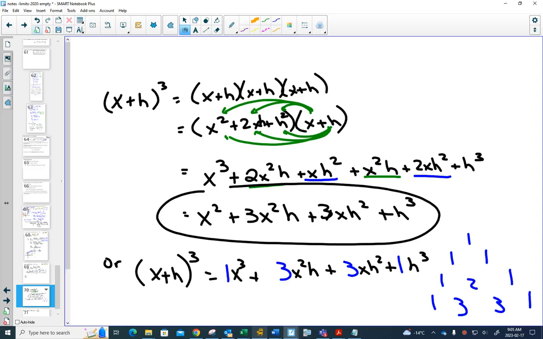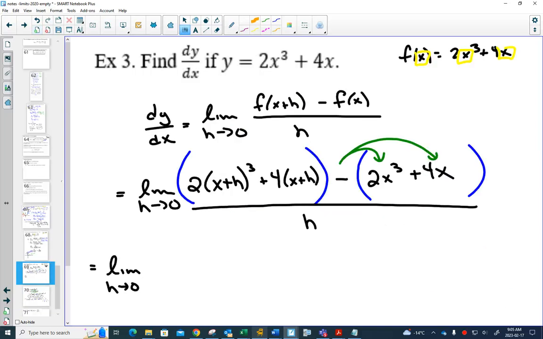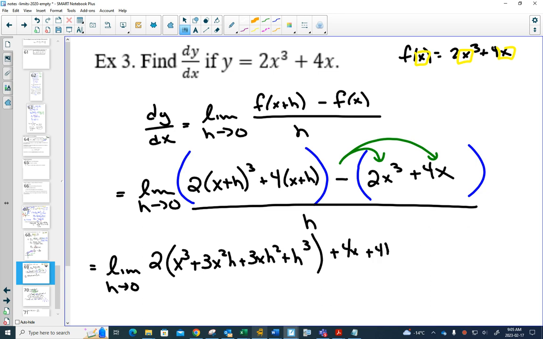So whichever way, and you can see why I didn't want to do this math right underneath the line because it's busy. Well, all I wanted to do in our next step is say 2x cubed plus 3x squared h plus 3xh squared plus h cubed plus 4x plus 4h.